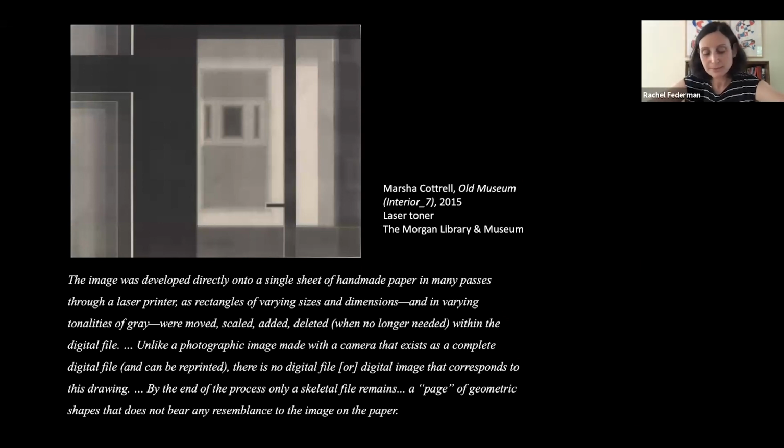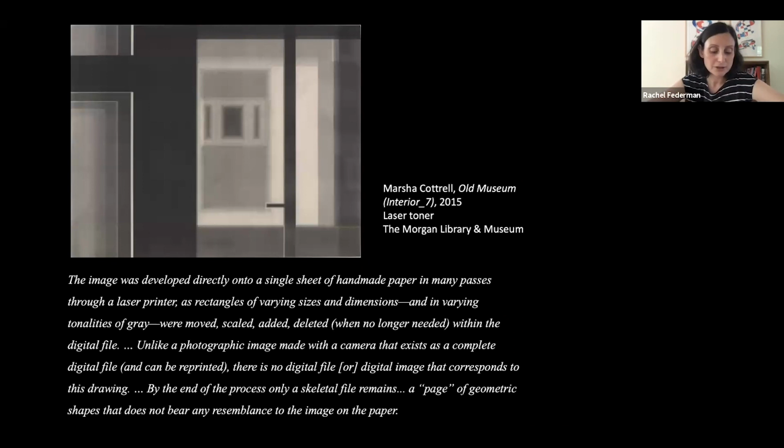"The image was developed directly onto a single sheet of handmade paper in many passes through a laser printer, as rectangles of varying sizes and dimensions and in varying tonalities of gray were moved, scaled, added, deleted when no longer needed within the digital file. The material can't be removed, which makes the process completely additive and very slow.